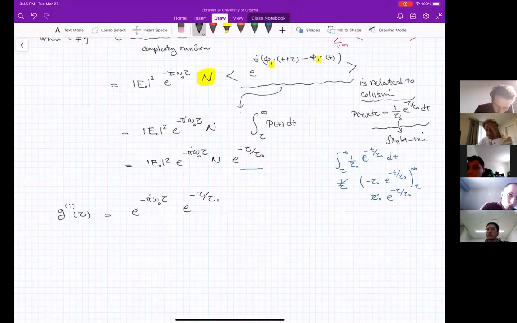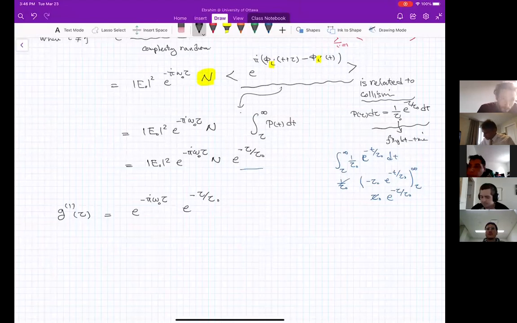So what is the form of the G function? It's a damped oscillator. It is decaying. Right?